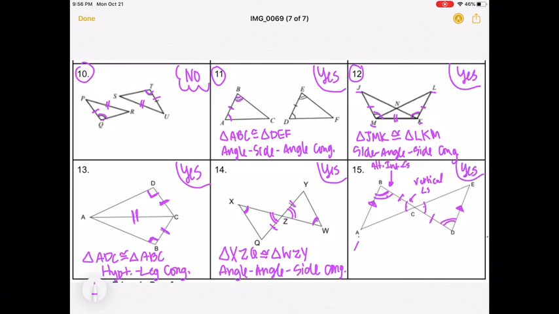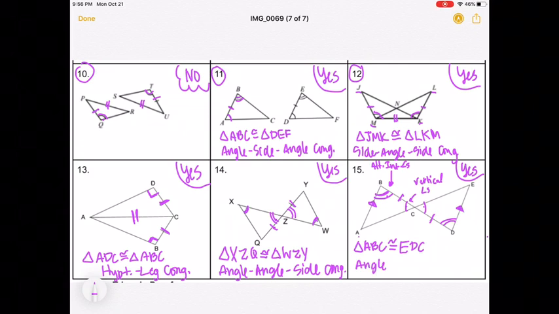So one last yes. And my statement would be triangle ABC is congruent to triangle EDC, and our reason is angle, side, angle congruence.